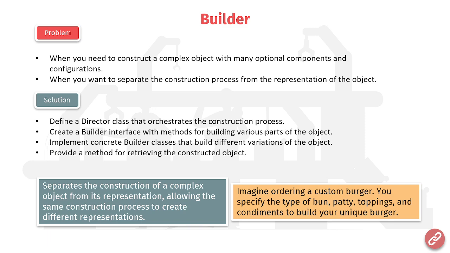And then you have to create the builder, which is an interface with methods for building various parts of the objects. As in our previous demonstrations, an interface is only a set of rules on how to do this, right? And then we implement this builder interface in concrete builder classes to build the different types of objects, right?